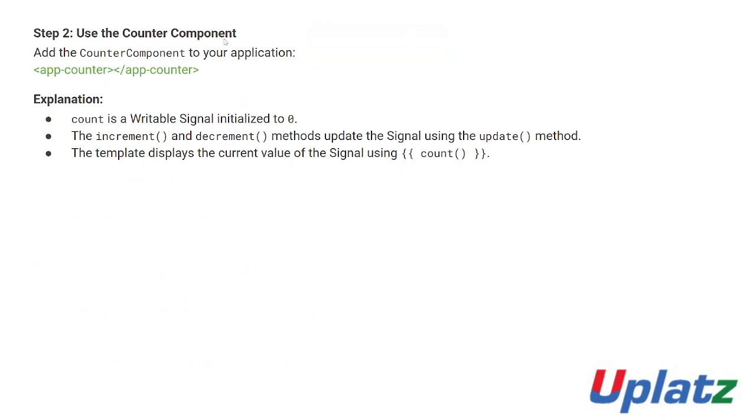Next, use the counter component. Add the counter component to your application, app counter. Then count is the writable signal initialized to 0. Increment and decrement methods update the signal using the update method. The template displays the current value of the signal using count, then brackets open and close. It's like a function.